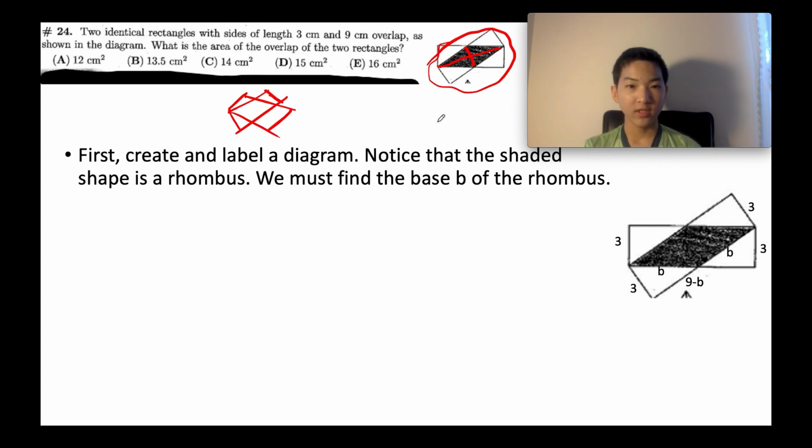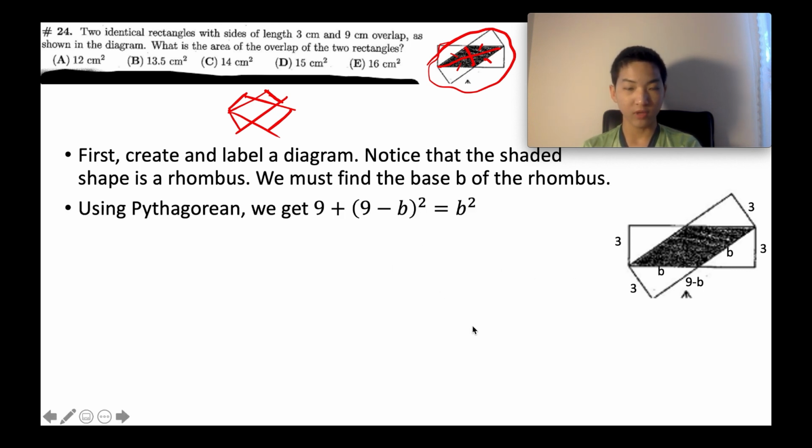So that means that the figure is symmetrical, and all of these sides will be equal. So we must find the base B of the rhombus. You could also call it the side length B, or side length S. It doesn't matter. Whatever variable works for you.